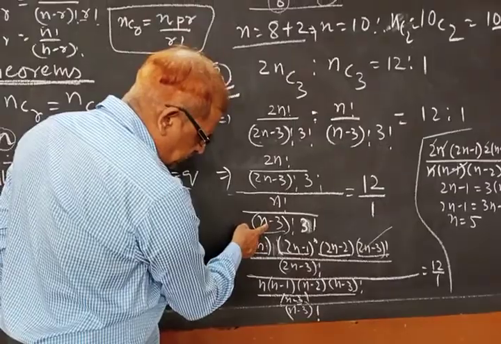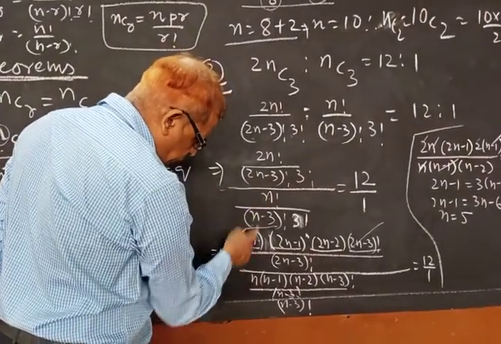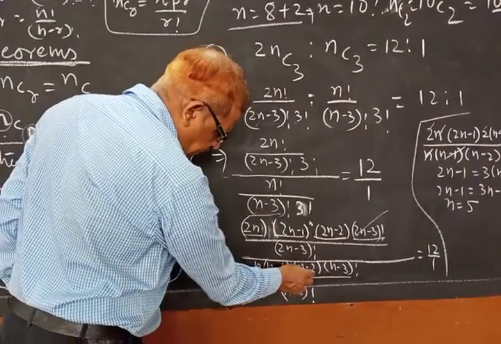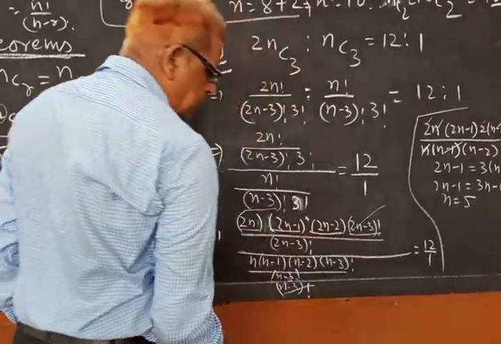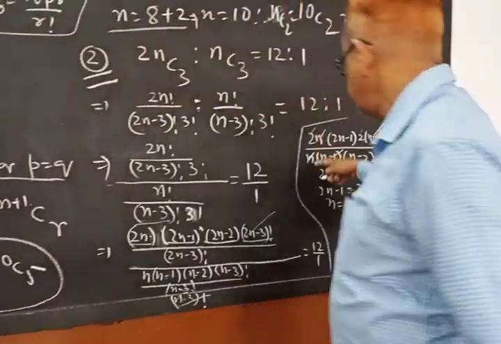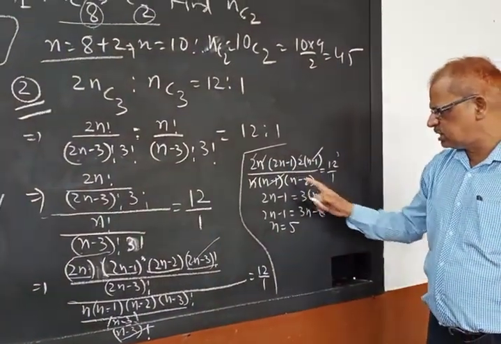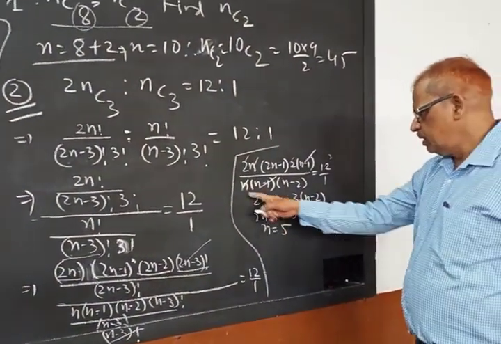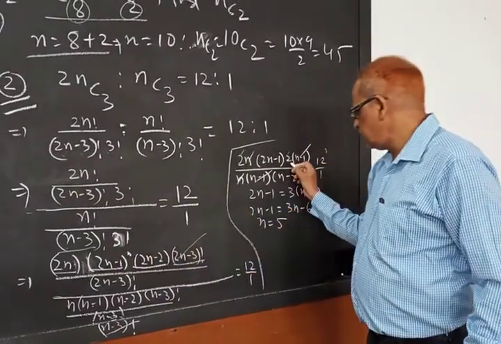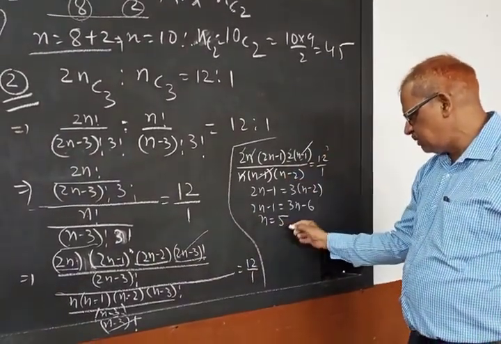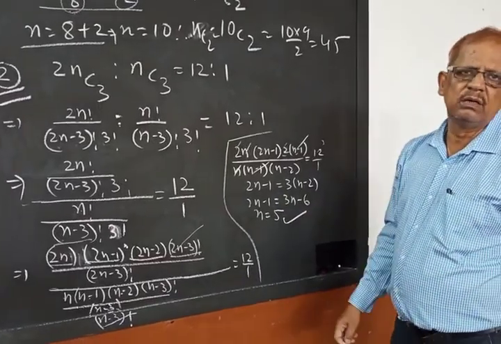Since n is greater than n minus 3, we open further. These are cancelled, and finally we get a single division. You can make this calculation. n cancels from 2n minus 2, 2 taken common, (n minus 1) also cancels. Finally n is coming 5.